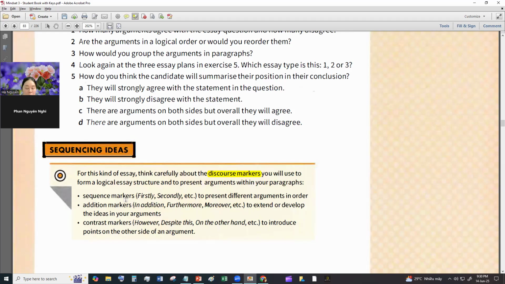So you will use sequence markers, firstly, secondly, to present different arguments in order. You will use additional markers, in addition, furthermore, moreover, to extend or develop your ideas further. And you will use contrast markers, however, despite this, on the other hand, to introduce points on the other side of the argument. Okay, so you can sequence, you can add ideas, and you can contrast ideas.